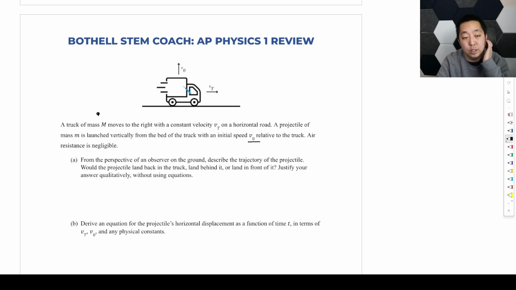So we're ignoring air resistance. It's normally what we default to do. So in this case, what's going to happen is he's going to go up. Now, again, this is relative motion. So from the perspective of the truck, it's like he's just going to go straight up, because right now the projectile, the mass m on this truck, is moving to the right at vt, and the truck is moving at vt, but relative to the truck, it looks like it doesn't have any horizontal velocity because you would just subtract them, since they're both moving together to the right.